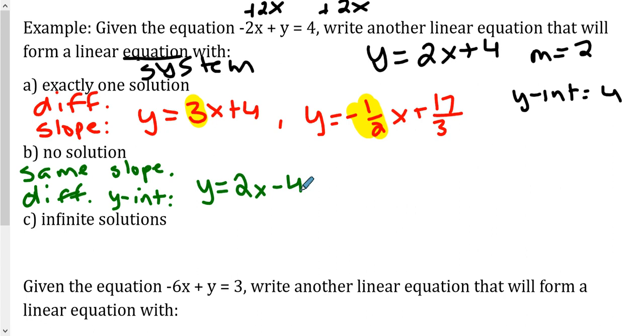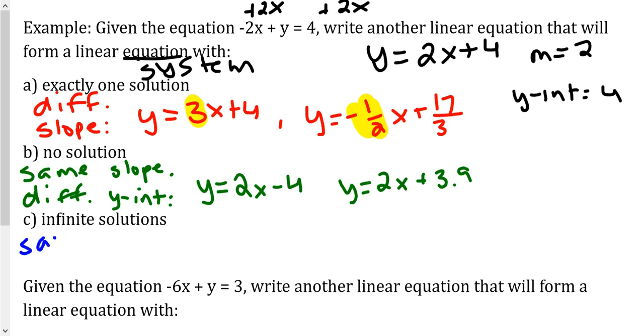I could do -4. I could do +3.9, right? I could do anything as long as it's not 4. These will never meet.